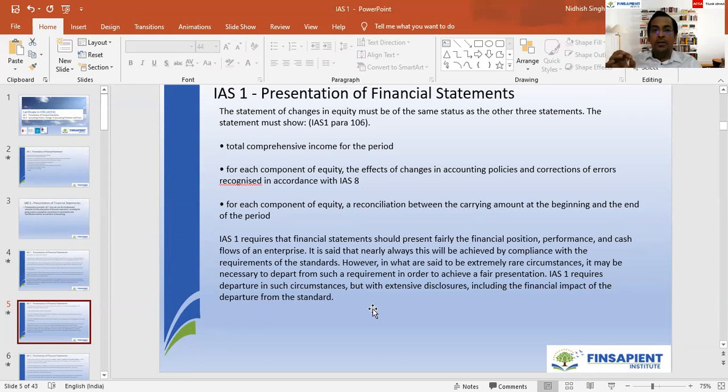That's where the flexibility is given. Always remember that IFRS goes by the reality and substance of transactions. It is not requiring just to follow the rules. So in that spirit of the true and fair view and substance over form, IAS permits the departure only when the departure gives a better view of the financial situation of the company.